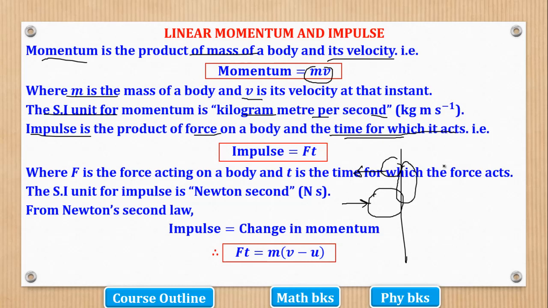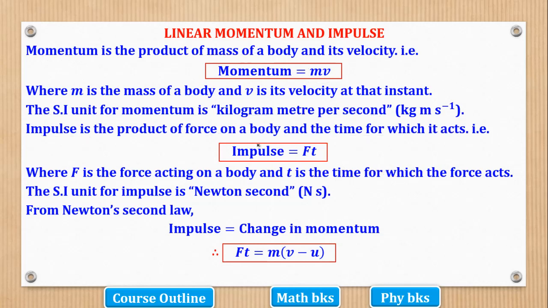That time lag is what we call the time for which the force acts. Therefore, the impulse is the force times that time. So F is the force and t is the time for which the force acts. Therefore, the SI unit is Newton second: Newton for force, second for time.